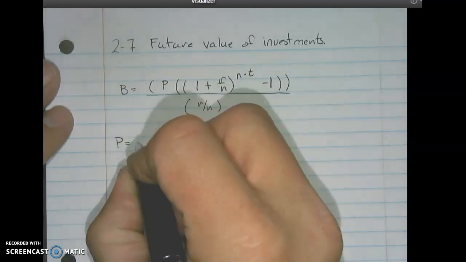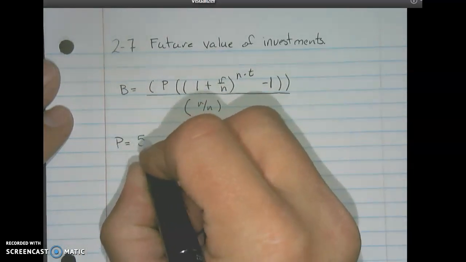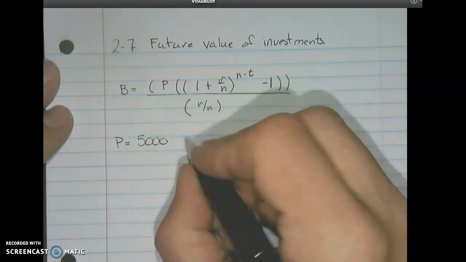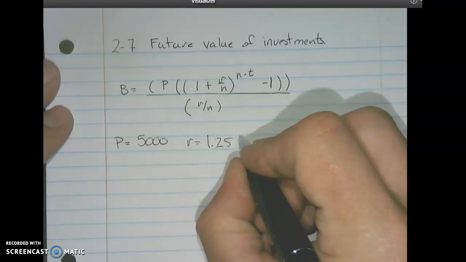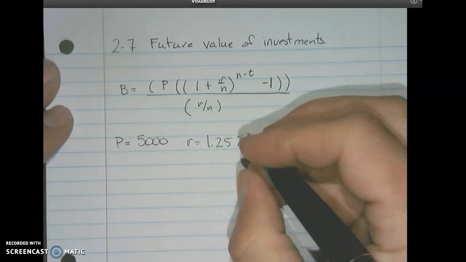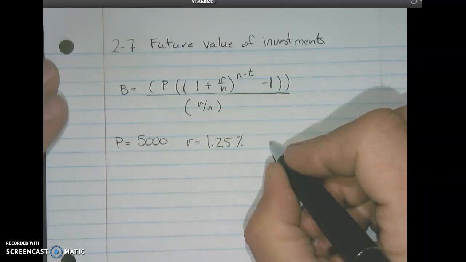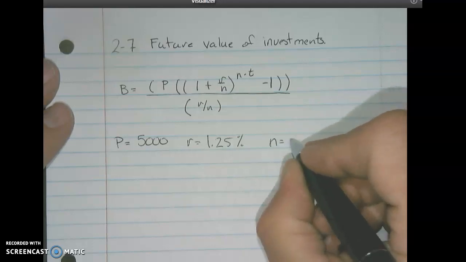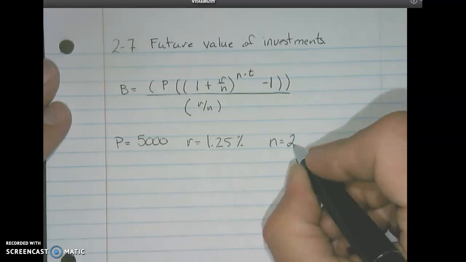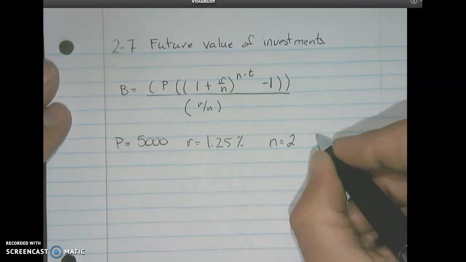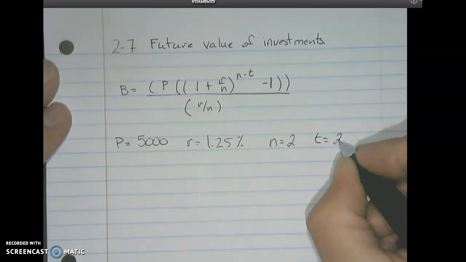our principal is 5,000. My rate is 1.25%. And then let's compare compounding. Let's do it semi-annually, and let's leave it alone for 20 years.